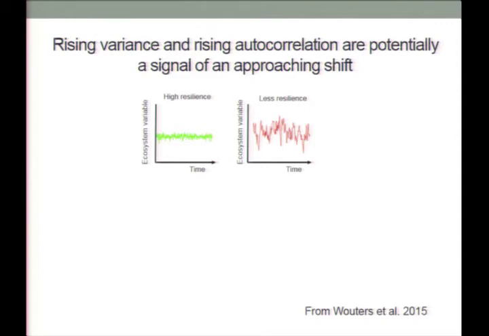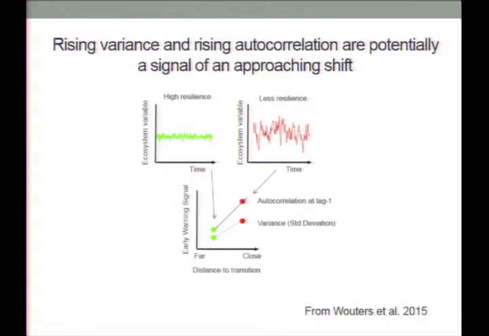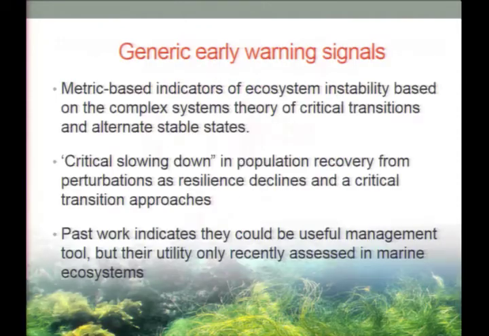What we see is that as the ecosystem variable becomes less resilient and approaches this transition, it shows higher variability and becomes more correlated, either spatially or temporally. And it's this rise in autocorrelation or variance or some other statistical metrics that lead up to this transition that serve as an early warning indicator of an approaching shift.